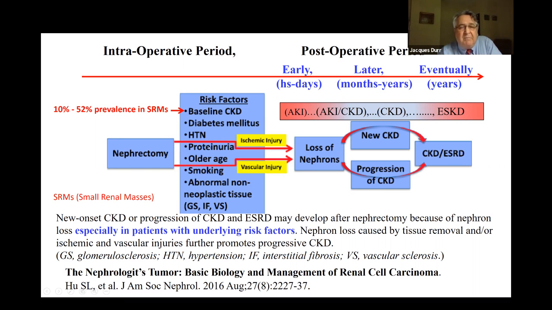There is diabetes, hypertension, all those risk factors that affect how you manage the patient are there, and the operation is done on this background, and the surgeon can only minimize acute injury and things like that, avoid massive blood loss, avoid warm ischemia, and so on. But then the rest depends on the patient's factors that are shown in the parenchyma of the kidney.